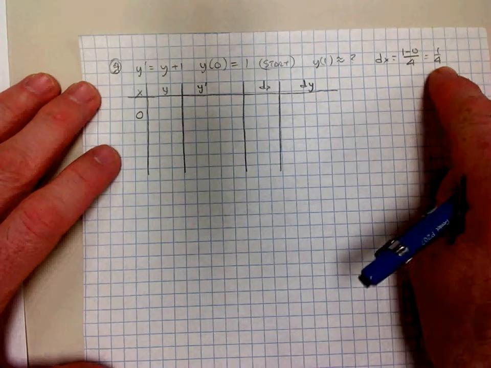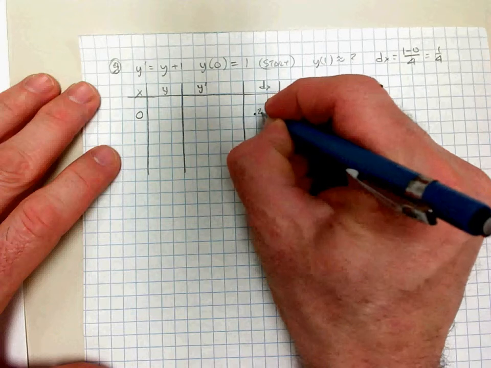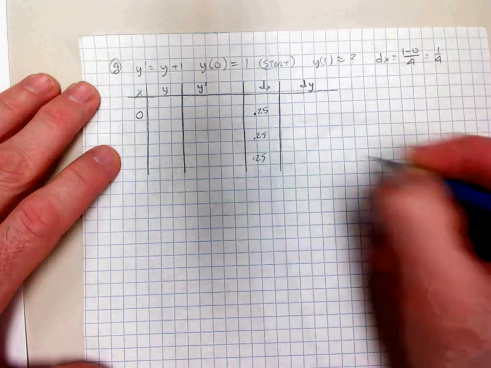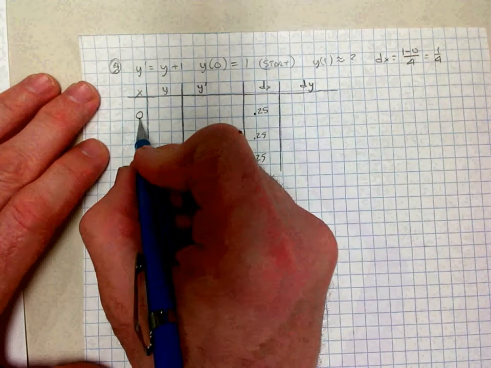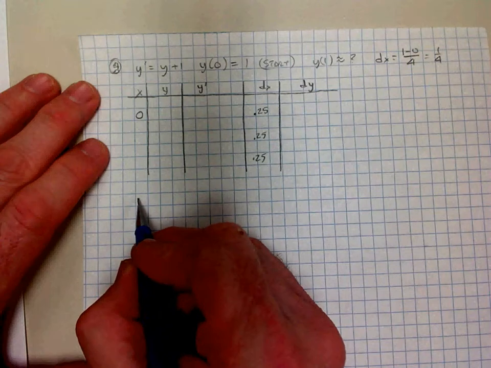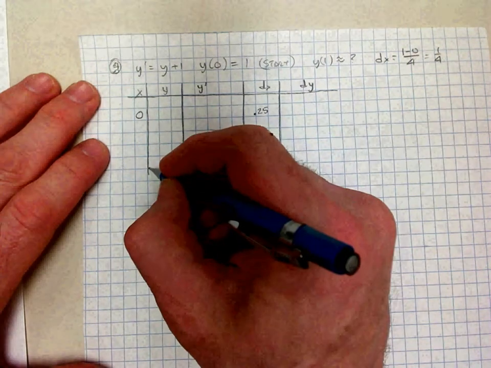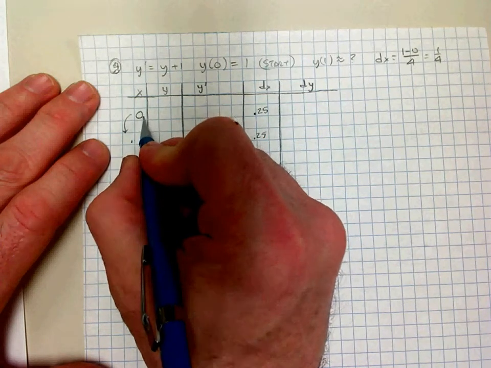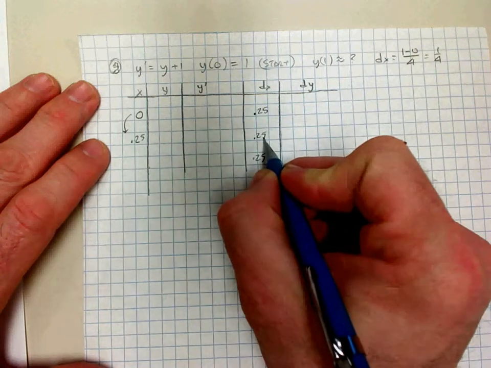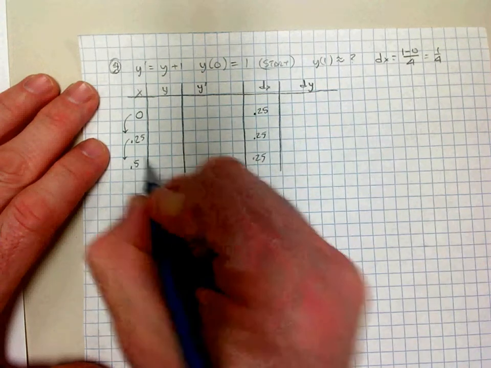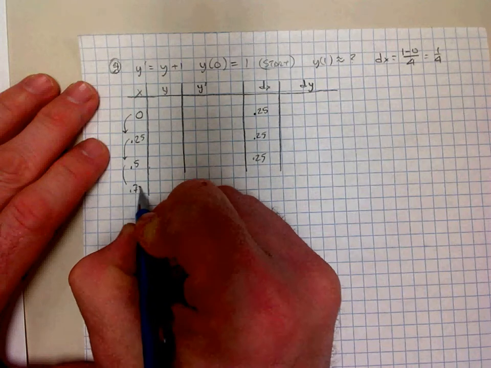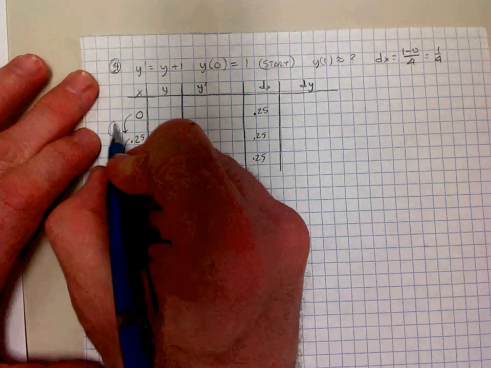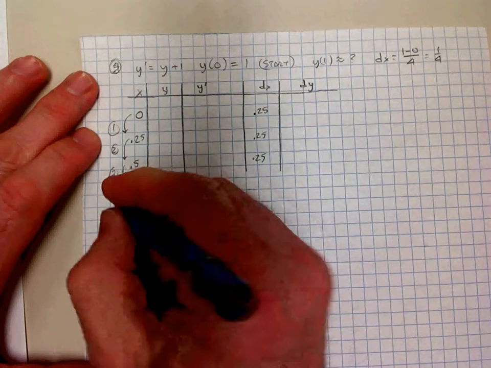Dx is going to be 0.25, or 1/4. And as a matter of fact, we can even fill out our x column too while we're at it. We know our next x value will be our initial one plus dx, 0.25, plus another dx, 0.5, plus another dx, 0.75, plus another dx, and that will get us to 1. 1, 2, 3, 4 steps.